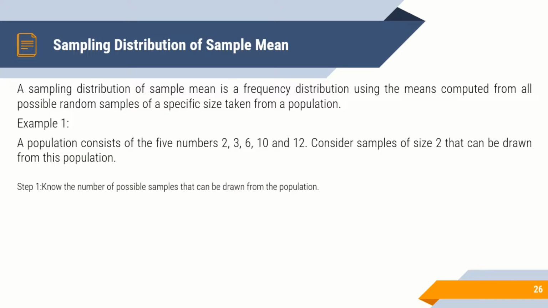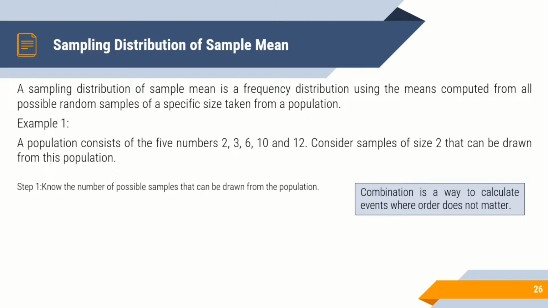So for step 1, note the number of possible samples that can be drawn from the population. Using the combination, it is a way to calculate events where order does not matter. So we use the formula for combination, which is population combination sample, equal to population or N factorial over the sample or small n factorial times population minus sample factorial.